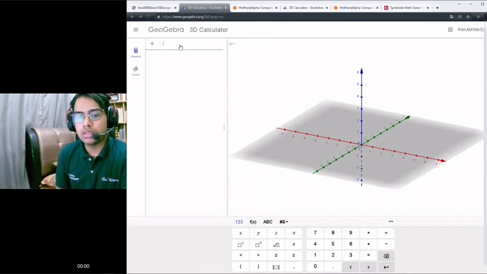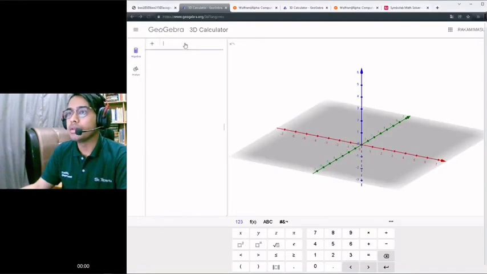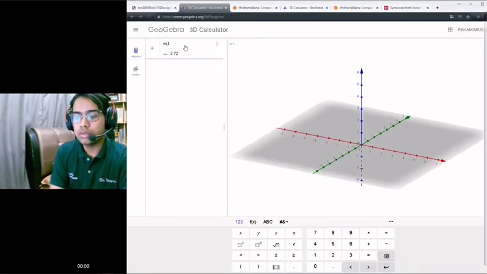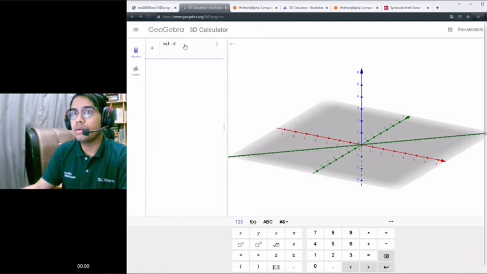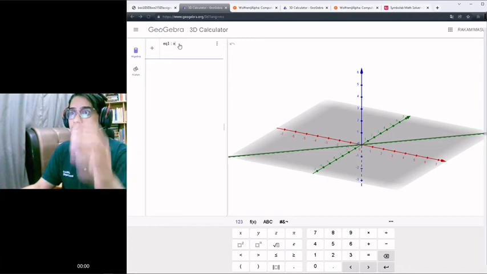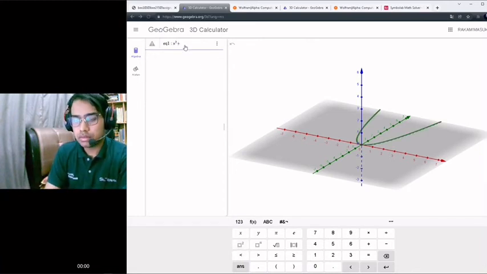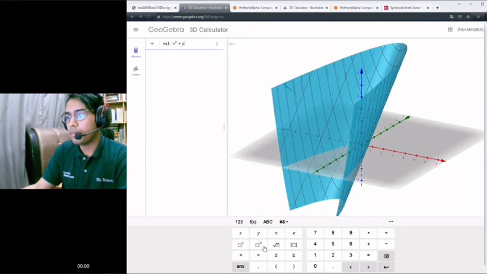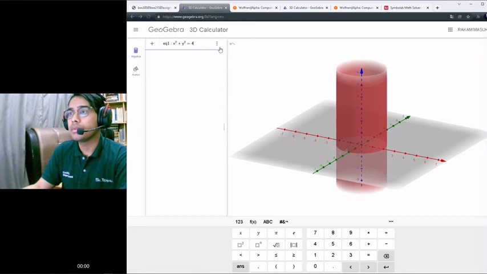Firstly we need to put in the equations from the question. Equation 1 is x square plus y square equals 4.